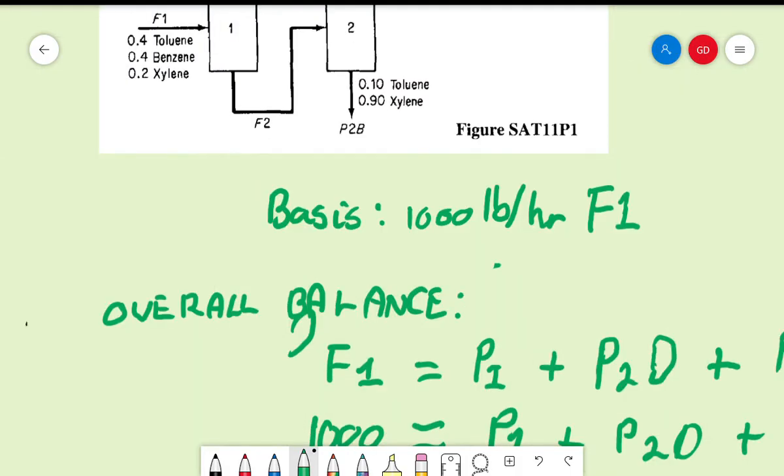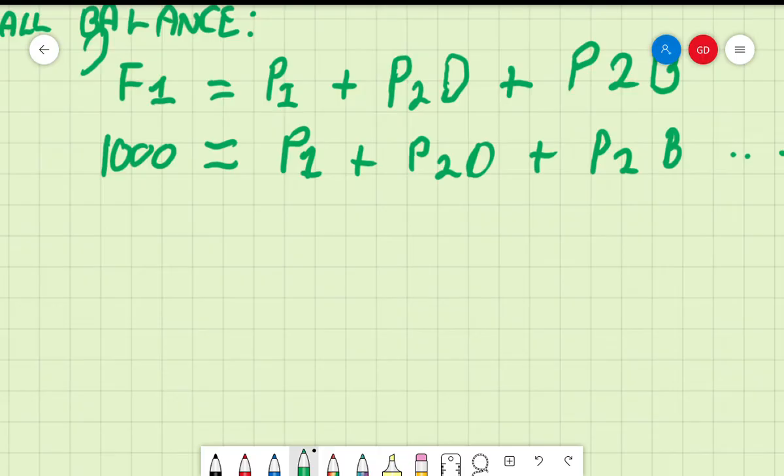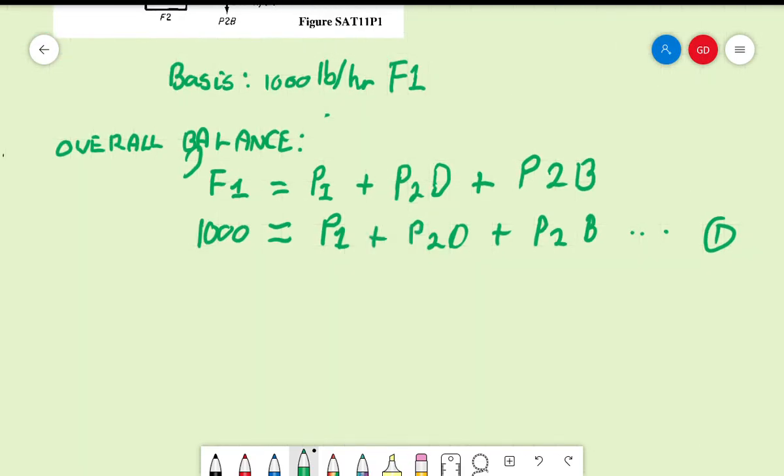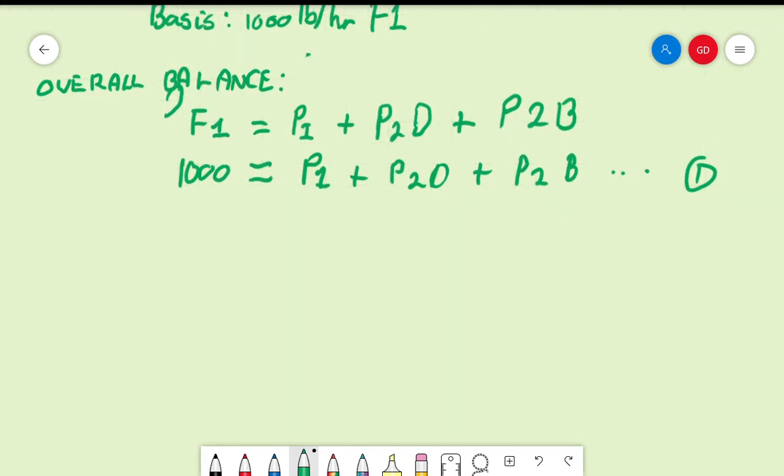So now let's find that stream using the component balance based on xylene. We're going to refer to xylene as XY.